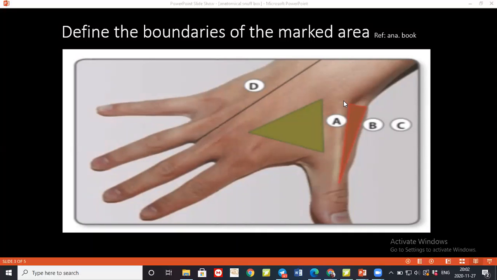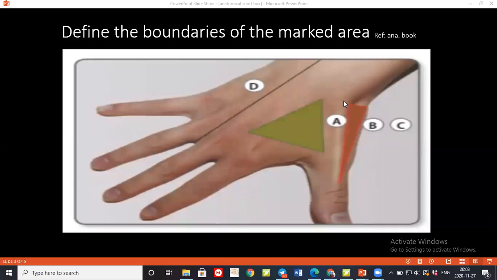The extensor retinaculum is attached medially by the scaphoid and the base of the first metacarpal distally, and proximally the styloid process, and laterally it's bounded distally by the base of the fifth metacarpal and proximally by the lower end of the ulna. Ulna is medial, ma'am, and laterally it's the radius.